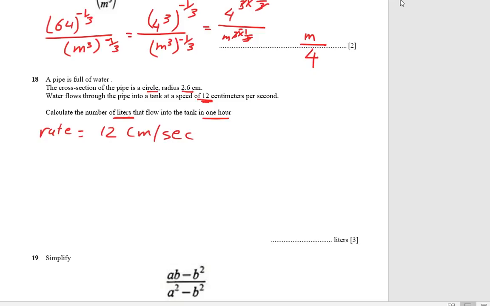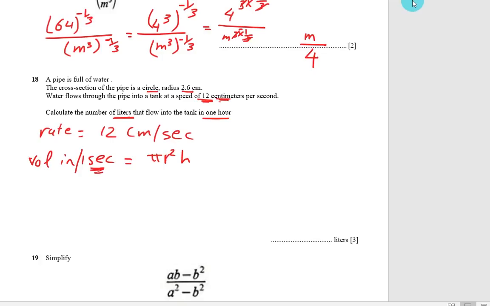So to start to answer this question, the volume of the pipe per 1 second is equal to πr²h.